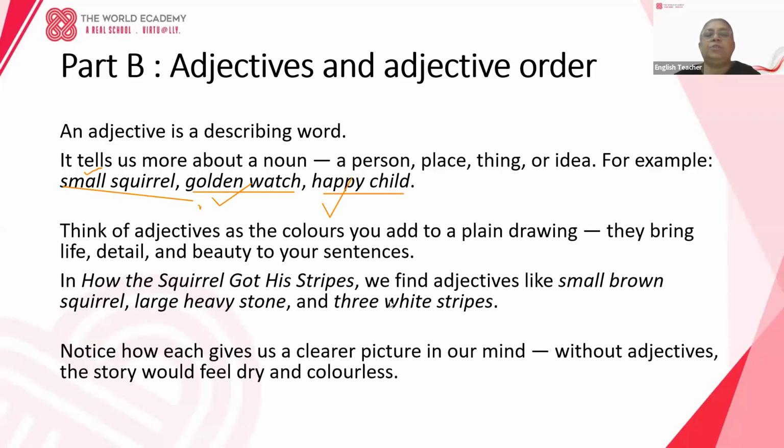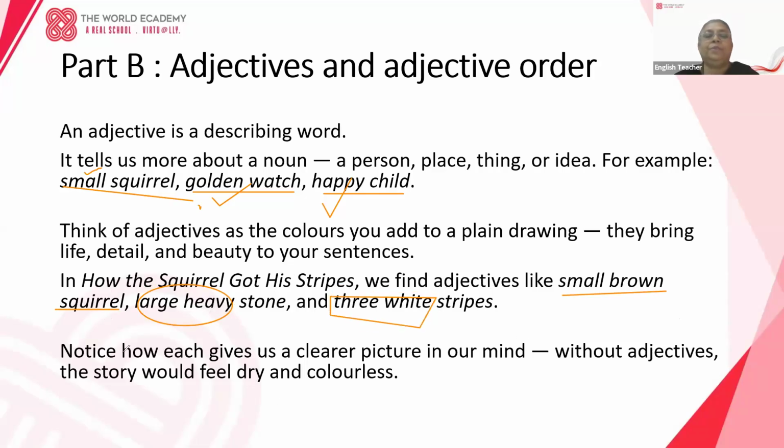In How the Squirrel Got His Stripes, we find adjectives like small brown squirrel, large heavy stones, three white stripes. This is a very important thing that I want to bring to your notice. There are two adjectives used over here. How are the stones? Large and heavy. How are the stripes? Three white stripes.